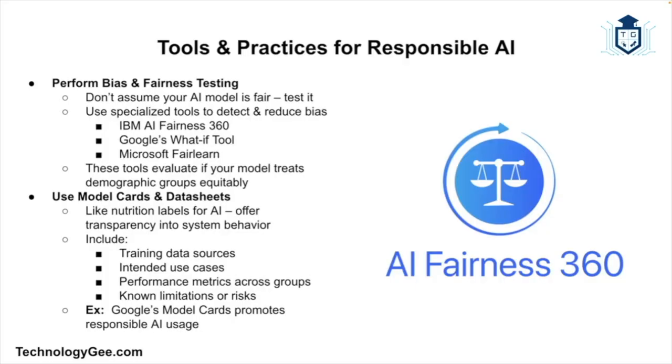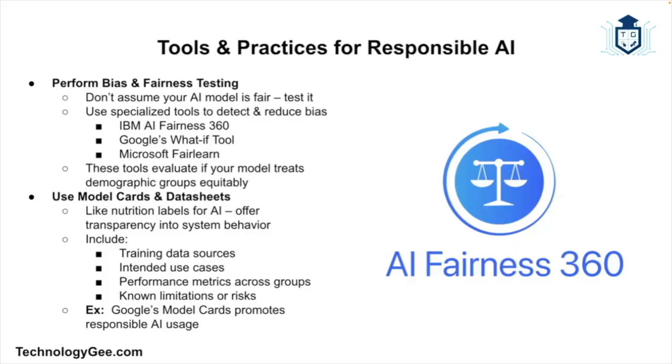Basically, don't just assume your model is fair, test it. You can use tools like IBM AI Fairness 360, Google's What-If Tool, and Microsoft Fairlearn. These tools help identify whether your model is treating certain groups unfairly. You can also use model cards and datasheets. Just like nutrition labels tell you what's in your food, model cards describe what's inside your AI system.